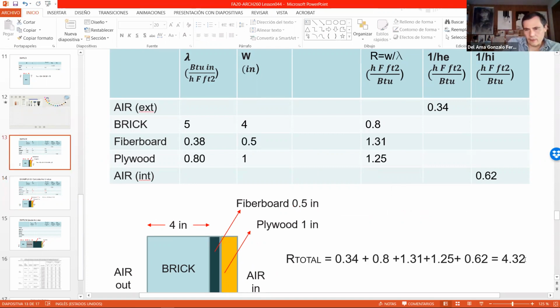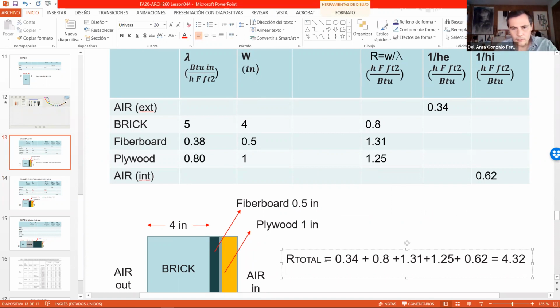And here, the R value, if you want this to be correct, you have to say the R total equals 4.32 BTU hour Fahrenheit square.